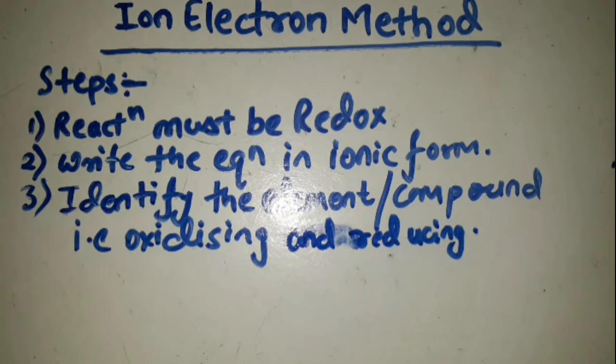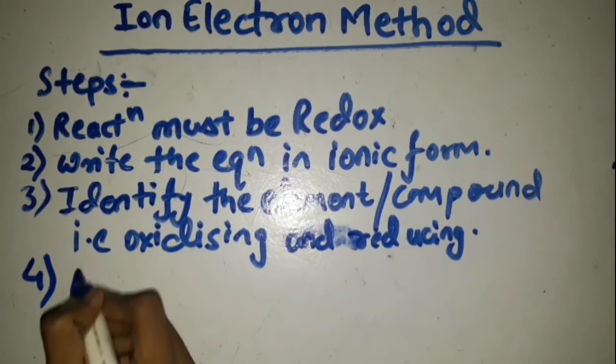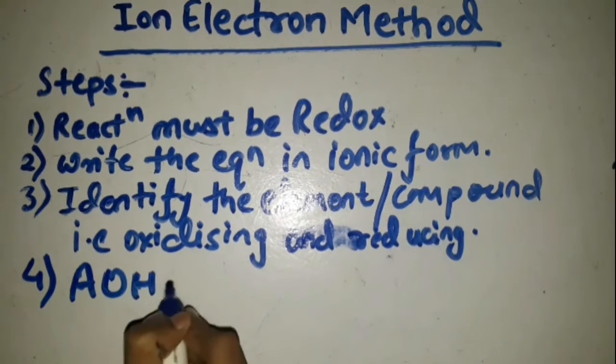Here we should identify the element or compound that is oxidizing or reducing while solving the problem. And the fourth step, I will write in short form, that is AOHC.